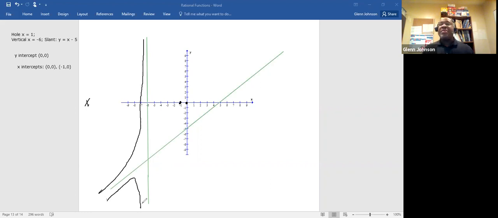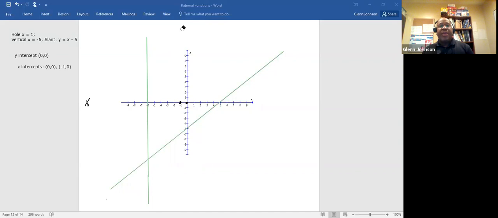Well, considering the fact that we already found the x-intercepts and they're at 0 and -1, there will be no other place where the graph crosses the x-axis. In order for this possibility to exist on the upside, it's got to cross the x-axis. So since we know there are no more x-intercepts, that will not be a possibility. And so we can pretty much conclude that for this side of the graph, it's going to tend to the downside.